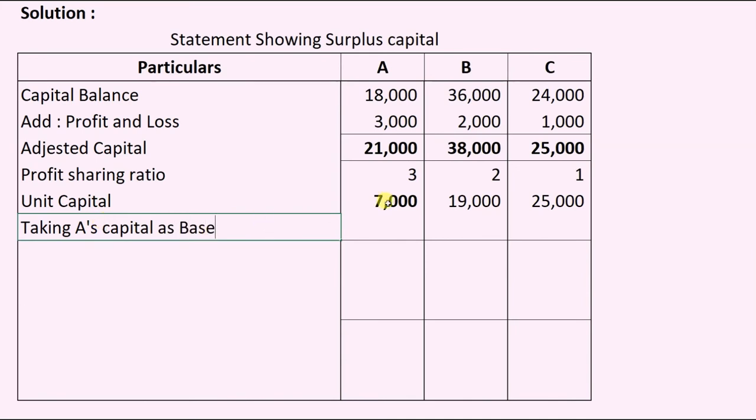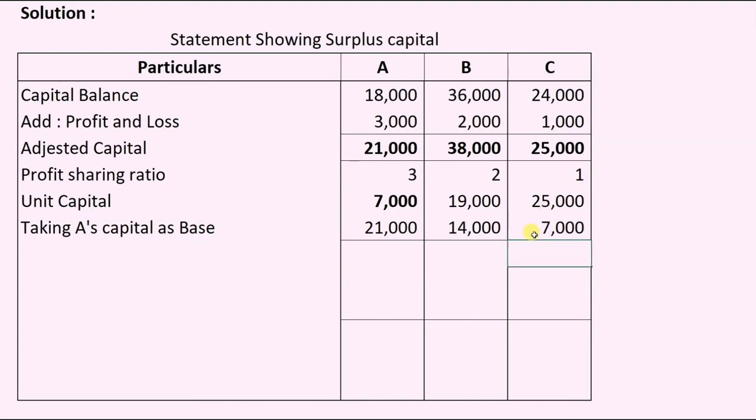Because 7,000 is the unit capital of A, we take A's capital as the base. Then 7,000 into 3, 21,000. 7,000 into 2, 14,000, and 7,000 into 1, 7,000. We multiply this amount by all the ratios.